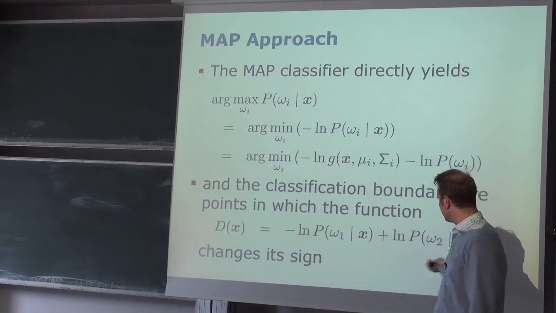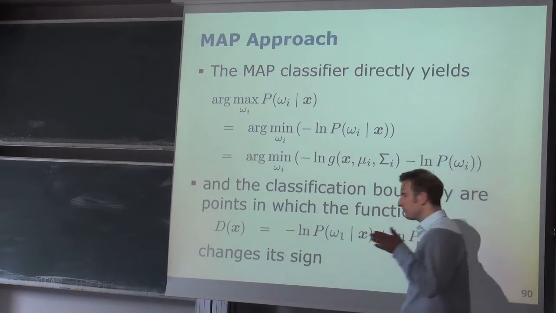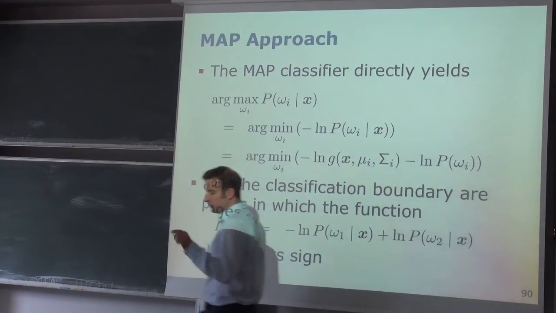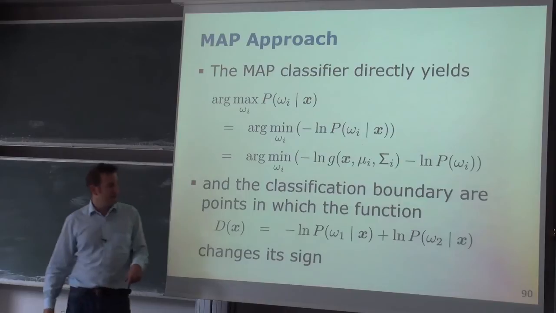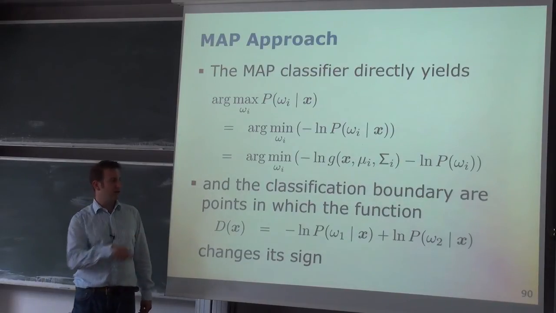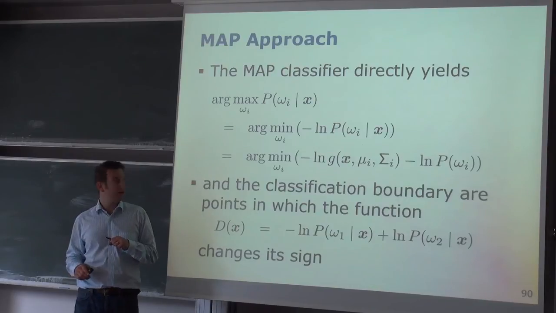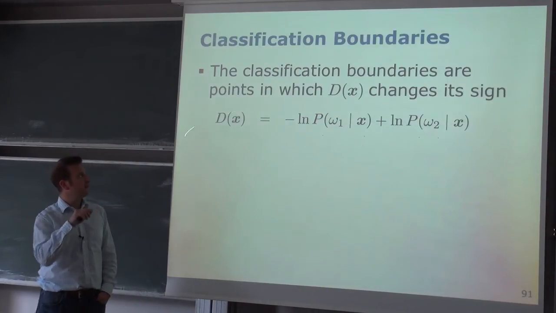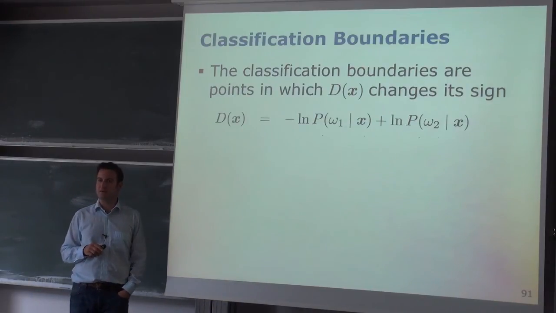So where d equals 0, this is exactly my decision boundary. This function d can be used to define my decision boundary.